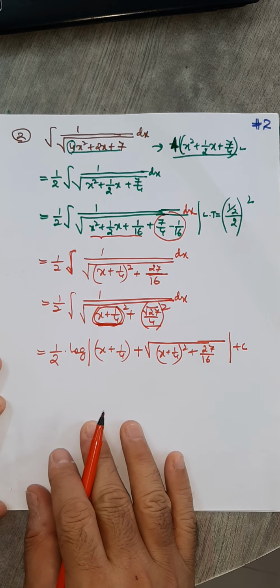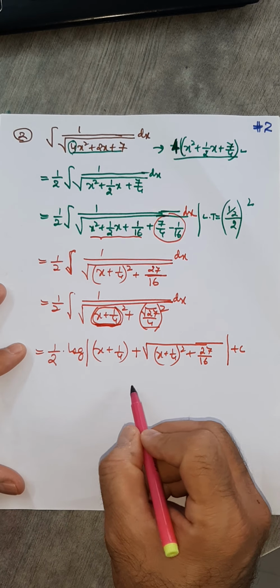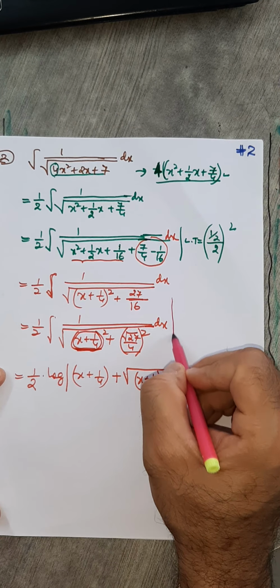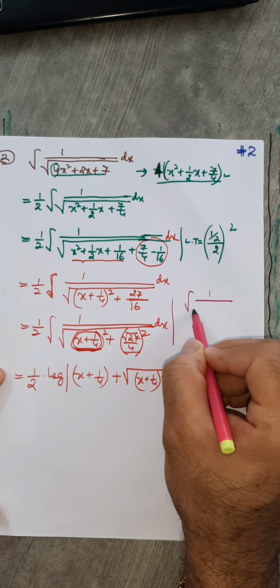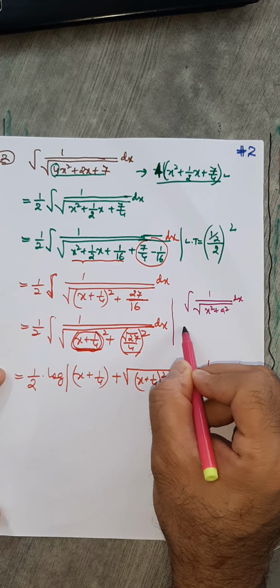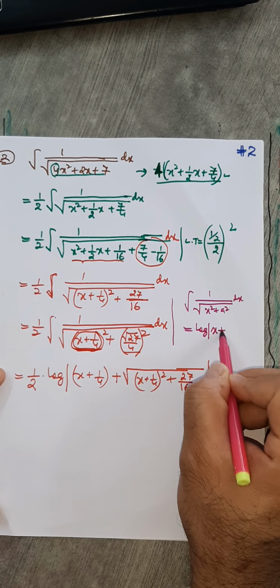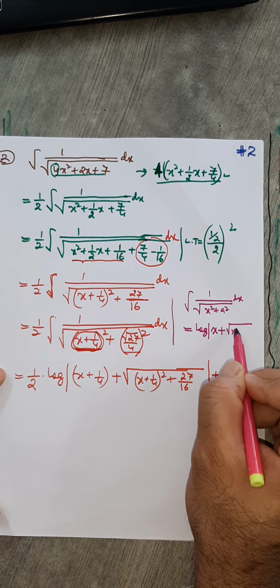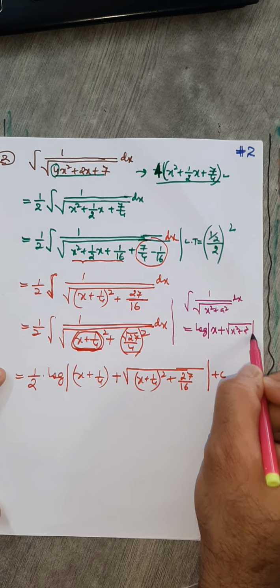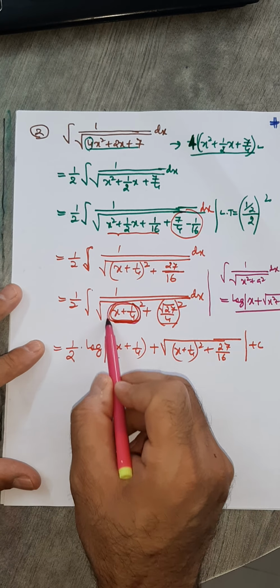Which formula have I used? I'll just show you. I've used this formula. Integral of 1 upon root of x square plus a square. What's the integral of this? Log of mod of x plus the same expression, that is x square plus a square.